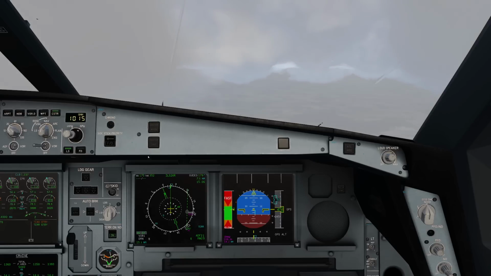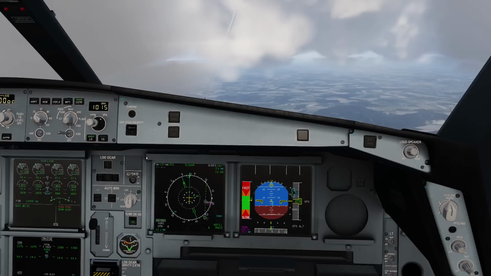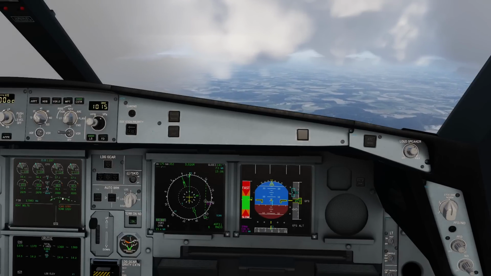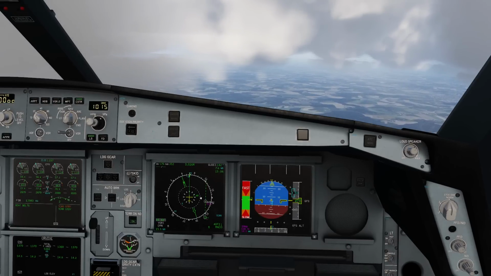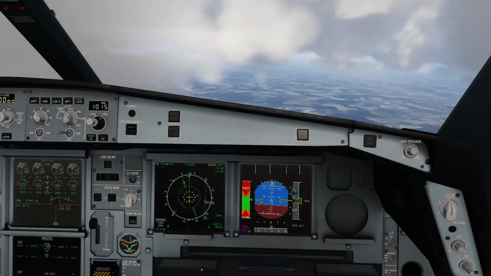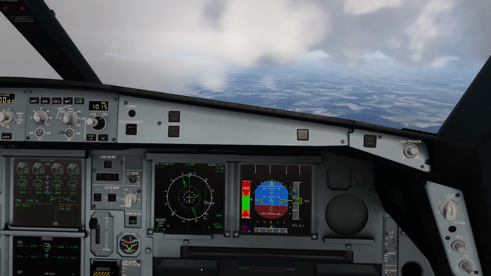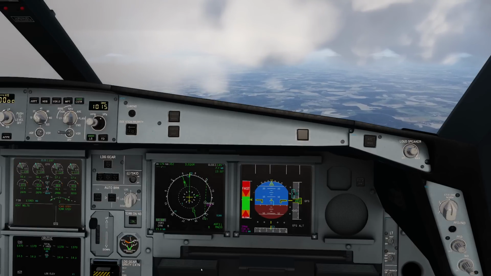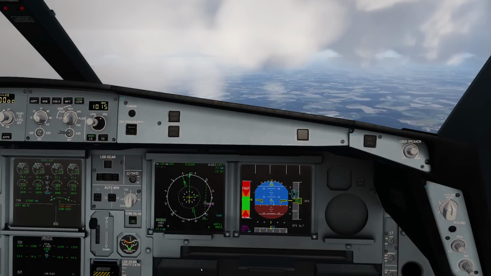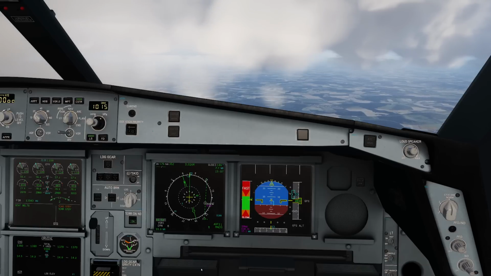So the ground speed indication is always a good indicator over here. We're doing 175 knots ground speed right now with the flaps 2, and since we are flying downwind, we should have a little bit of a tailwind. So I would say that our actual airspeed is somewhere in the region of about 160 knots, or maybe 170 even. And that's totally fine for the flap setting and weight that we are flying.